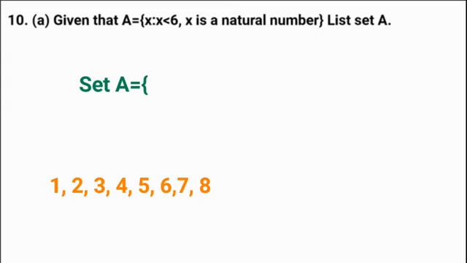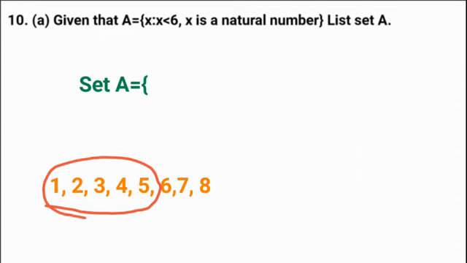So now when we go to the set builder notation given, we are told that set A is equal to x such that x is less than 6 and x is a natural number. So meaning these natural numbers are less than 6. So if natural numbers are counting numbers, therefore we are talking about set A having members which are these, up to 5.